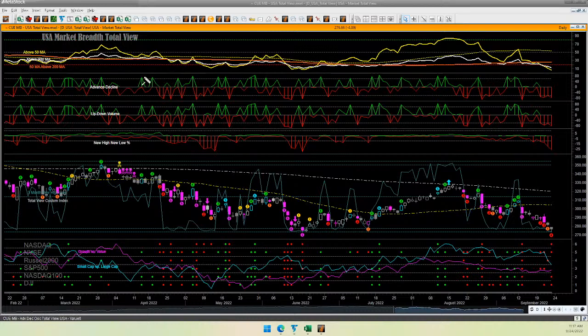This Q market breadth total view is a very powerful chart, single chart based on internals. What is going on inside the market? The yellow line is a very good gauge of is it overbought or oversold. Whenever the yellow line, percentage of stocks above 50 MA, goes above the upper threshold, the green line, then we know it is overbought.